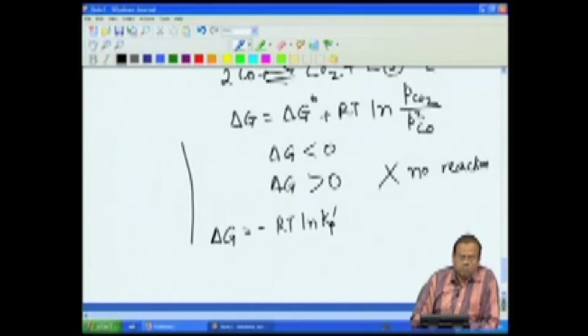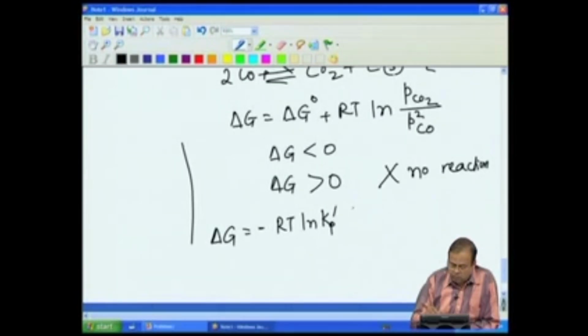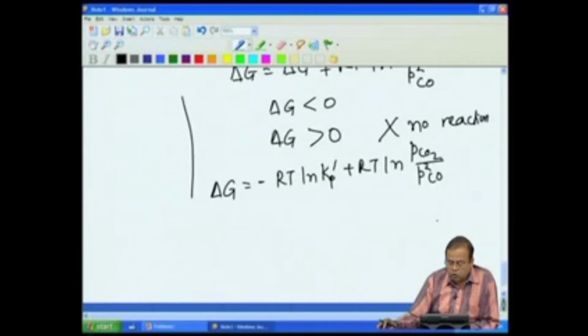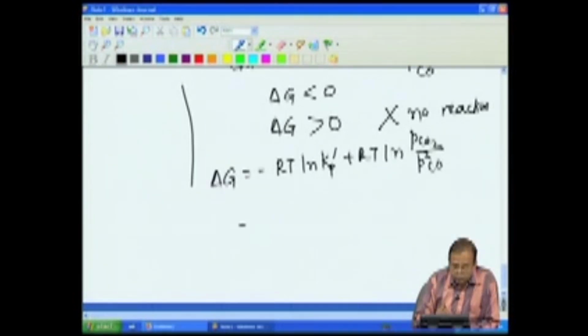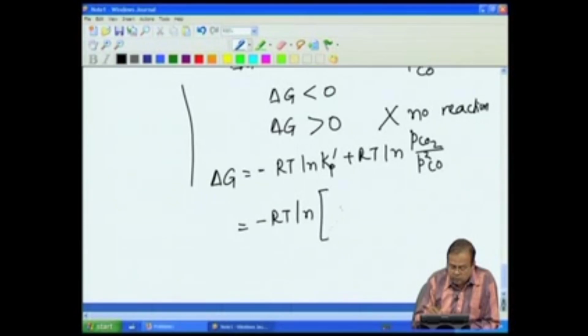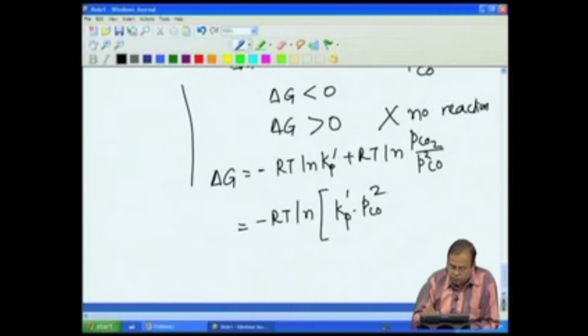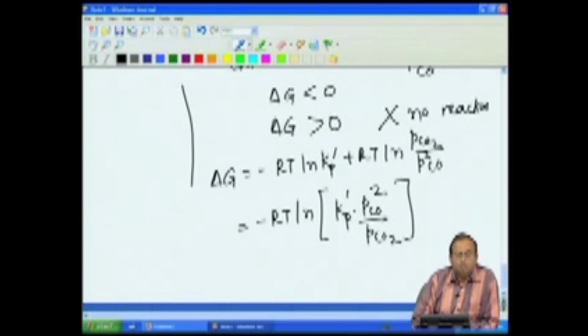So, we talked about how we can define the chemical potential and reactions. So, that is RT ln P CO2 by P square CO. So, now for this I can further write as... right.